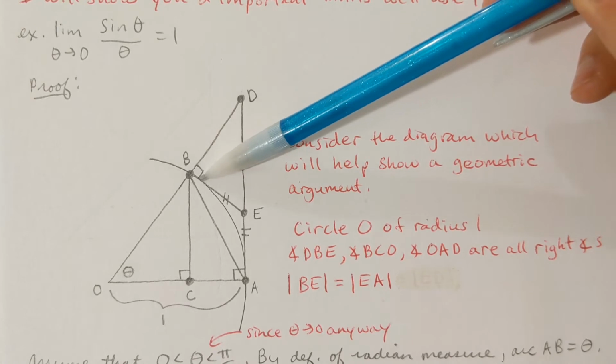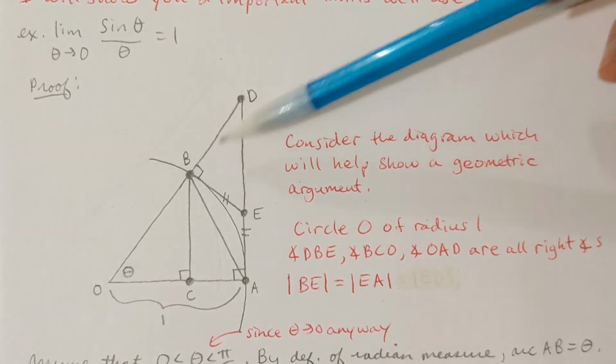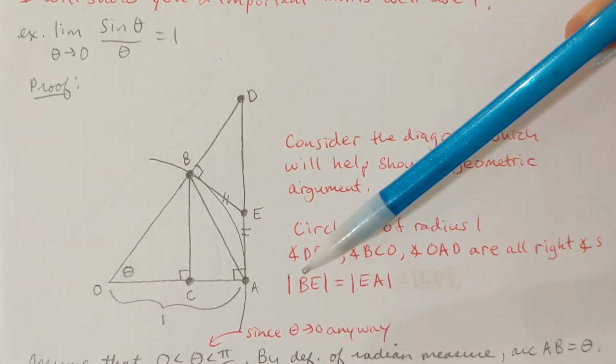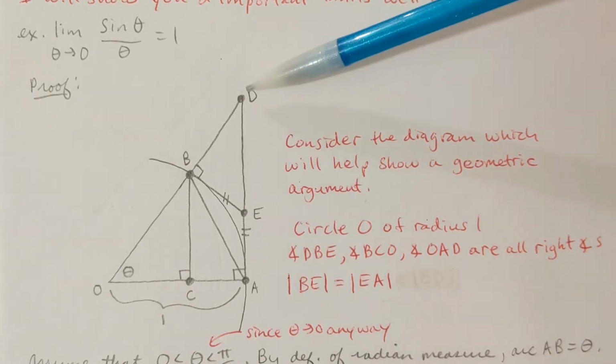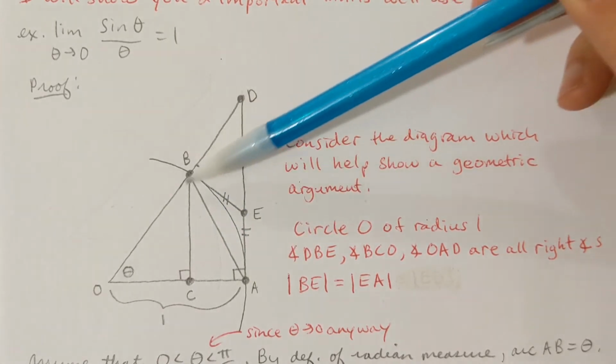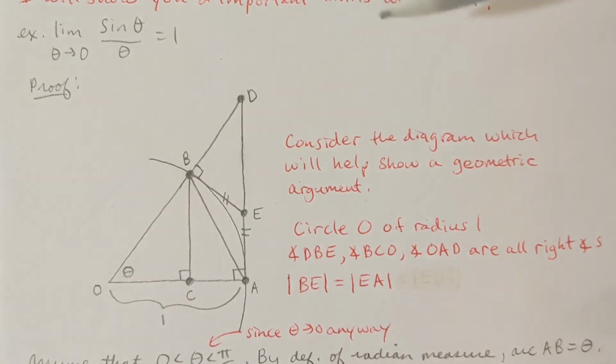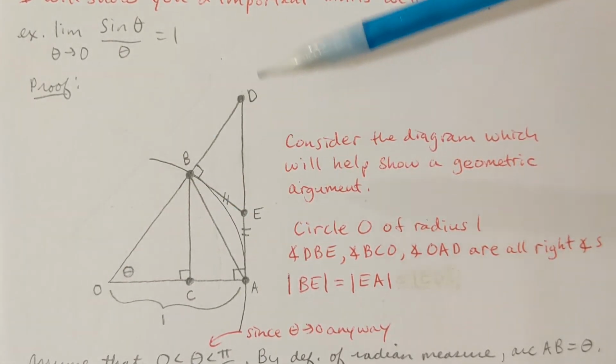So that's going to create a right angle here with side BD and side BE. Okay. Also in this picture, I've got a bigger right triangle created. So triangle DAO is a right triangle, and of course that's the biggest one in the picture.